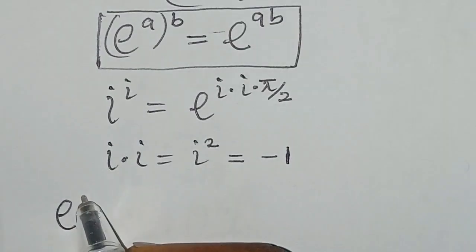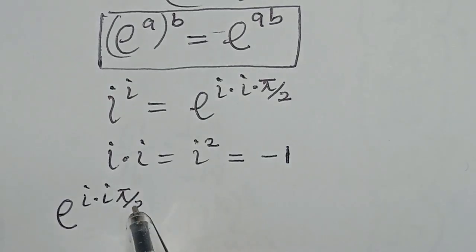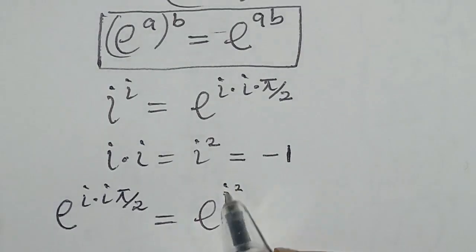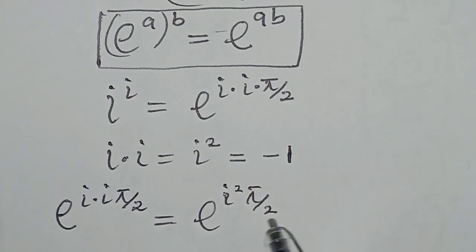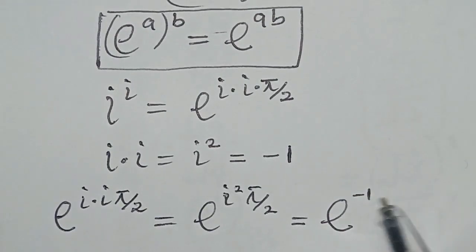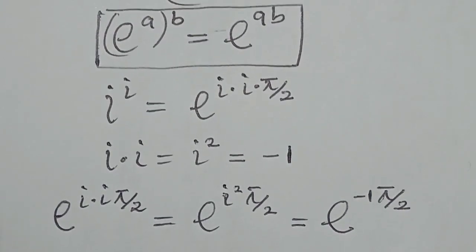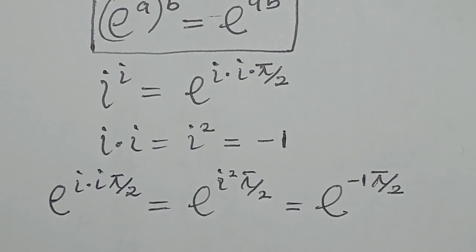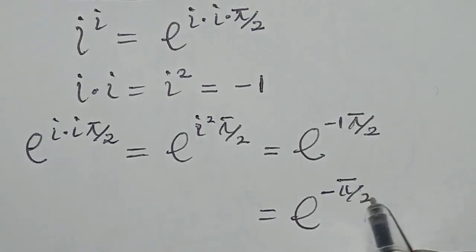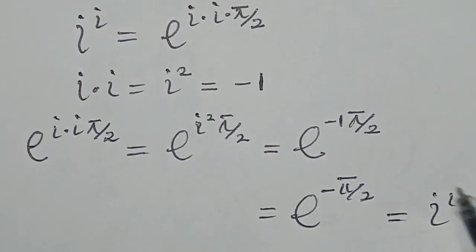So if we replace this into this, then e to the power of i multiplied by i multiplied by pi over 2 is written as e to the power of i squared multiplied by pi over 2, which is e to the power of minus 1 multiplied by pi over 2. And this can properly be written as e to the power of minus pi over 2, which is simply equal to our i to the power of i.